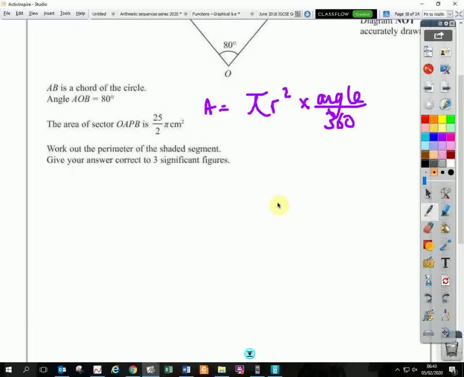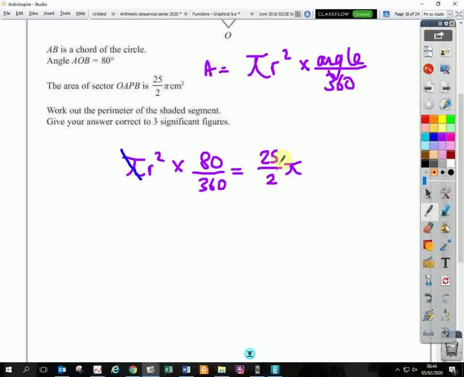So if I start off with that, then I have pi times r squared times 80 over 360 is equal to 25 over 2 pi. I can do a bit of cancelling here. There's a pi on both sides.